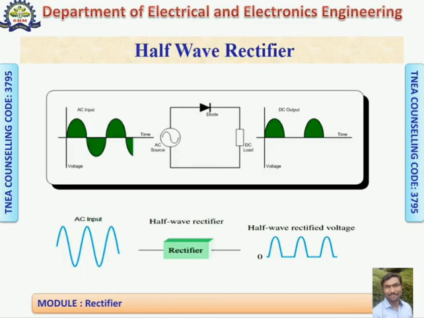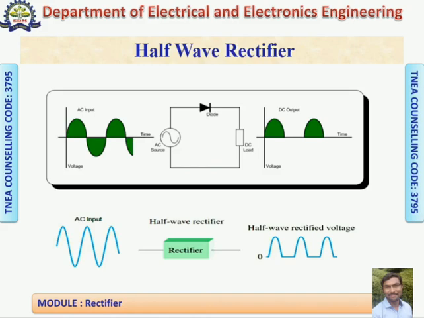A half wave rectifier has a typical circuit configuration with an AC input source connected to a DC load through a diode.